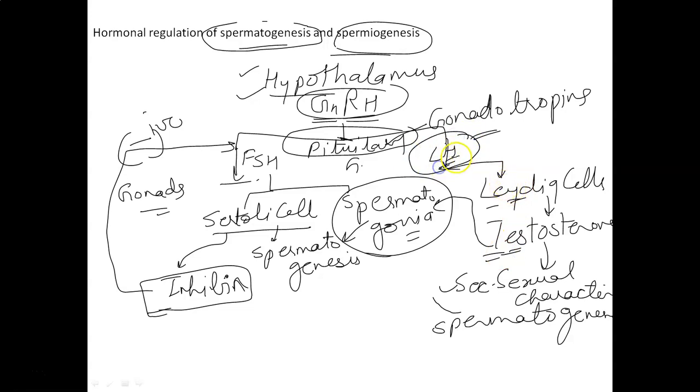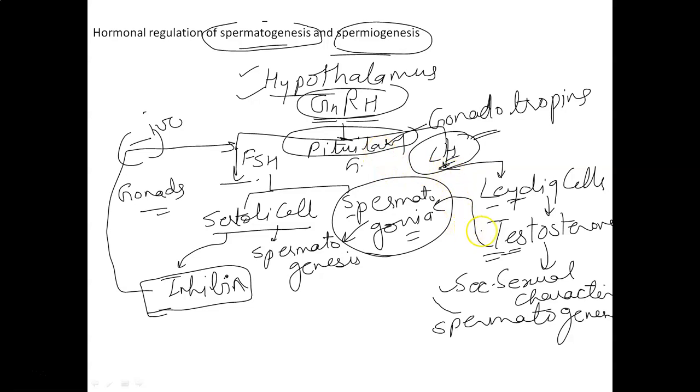So LH is more important for spermatogenesis. Spermatogenesis is done by spermatogonia, but spermatogonia will undergo spermatogenesis in presence of testosterone after puberty, and this testosterone is under control of LH. This LH is secreted by pituitary gland.